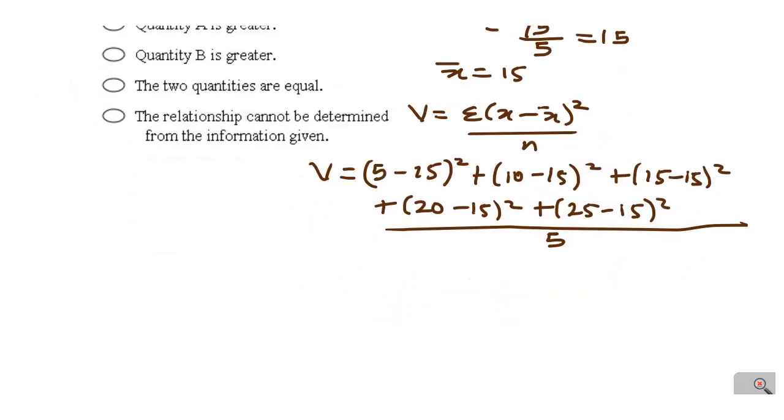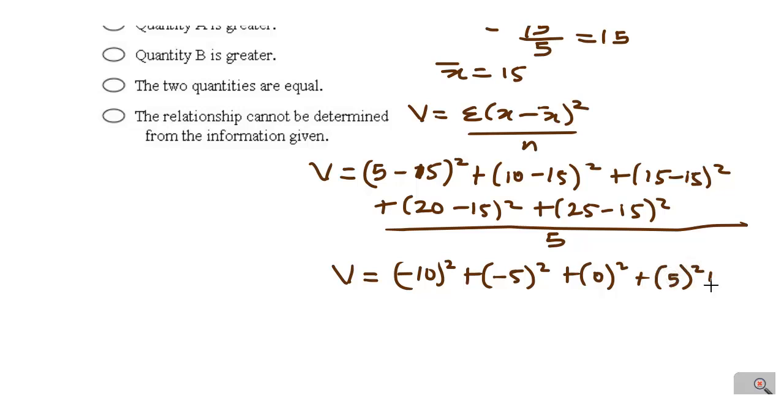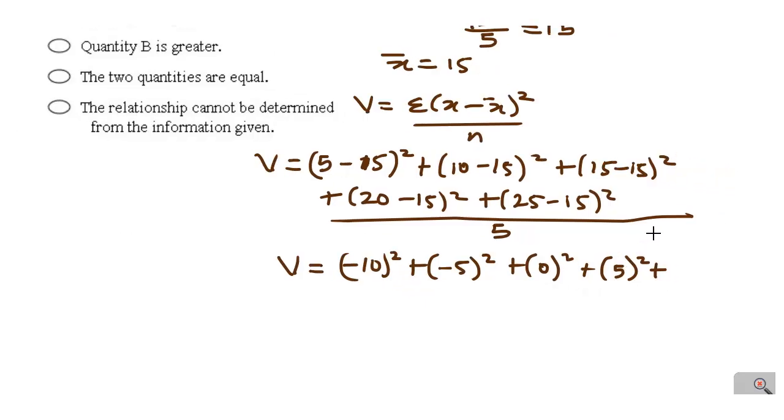So let me scroll up. The variance will now be 5 minus 15. This is 15, let's not make a mistake. 5 minus 15 will give us minus 10 square, plus 10 minus 15, that is minus 5 square, plus 15 minus 15, that is 0 square, plus 20 minus 15, that is 5 square, plus 25 minus 15, that will give us 10 square, then everything over 5.